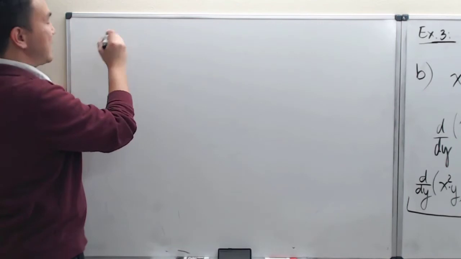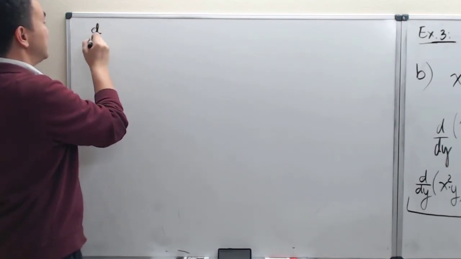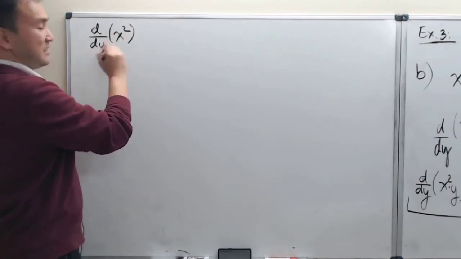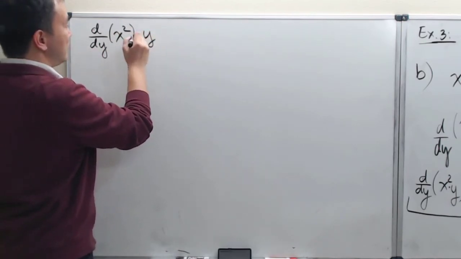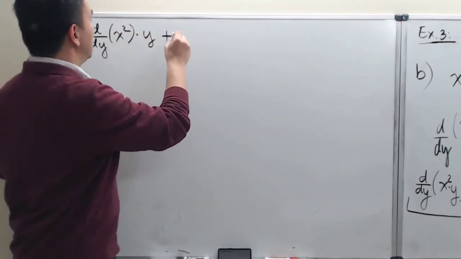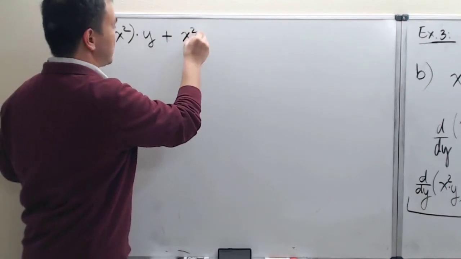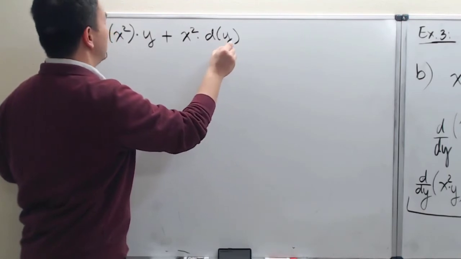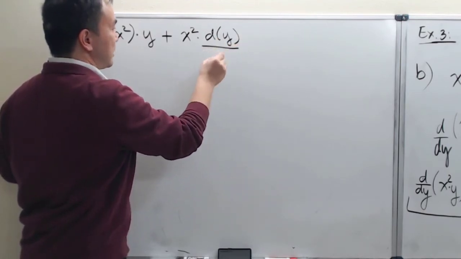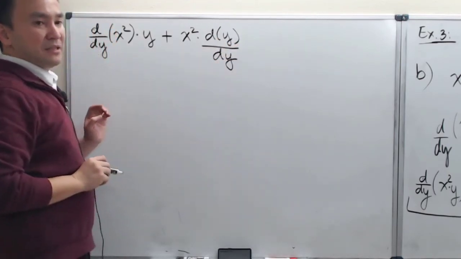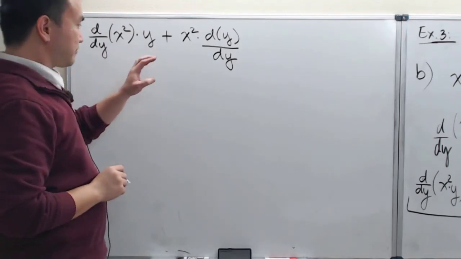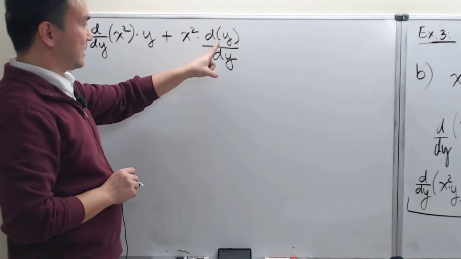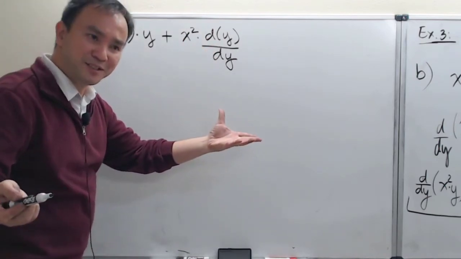The product rule says we have to find the derivative in terms of y of the first factor and multiply with y, plus, and now we're going to leave the first factor the same and multiply with the derivative for that function y in terms of the y variable. That one's easy, because it's already explicitly defined.